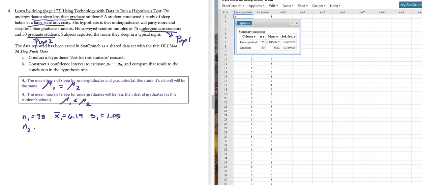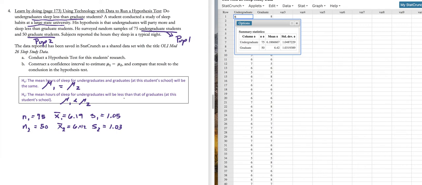For our population of graduate students, n2 is 50, sample mean x2 bar 6.42, and our sample standard deviation s2 is going to be 1.03.